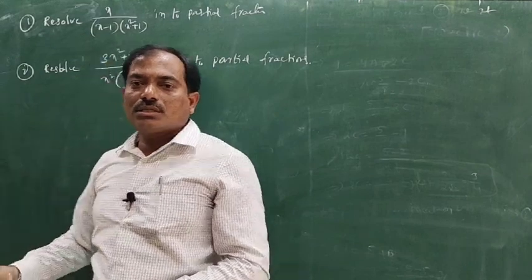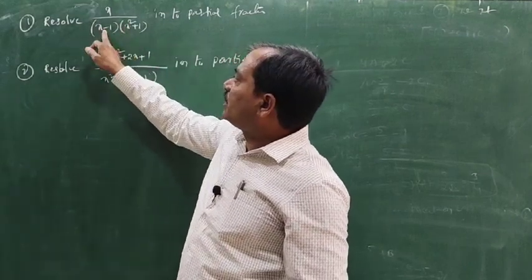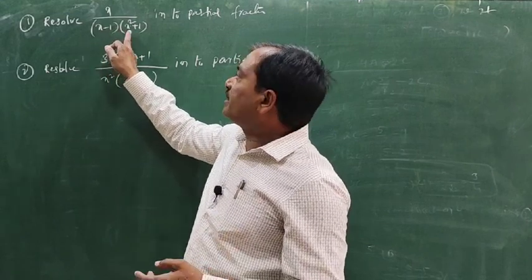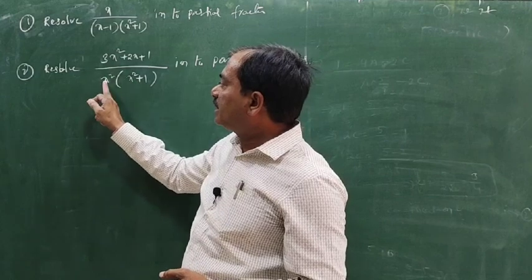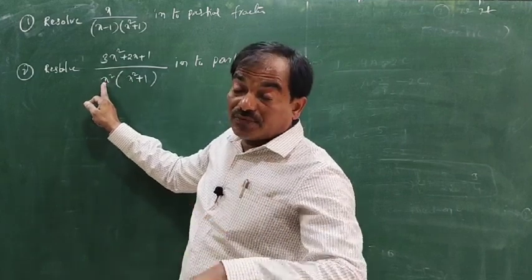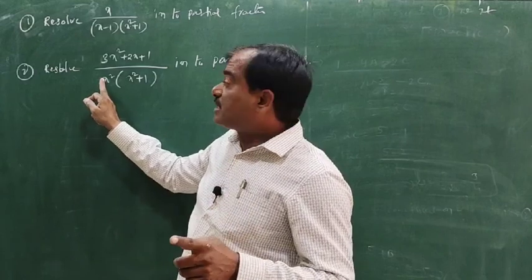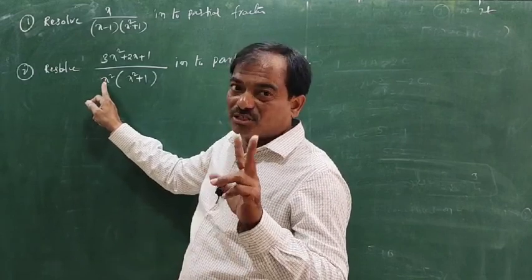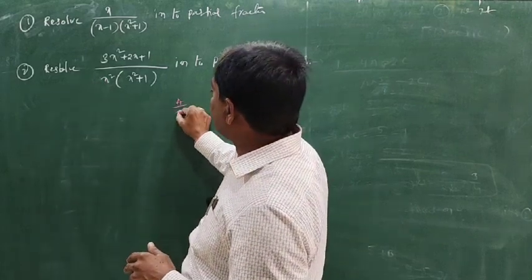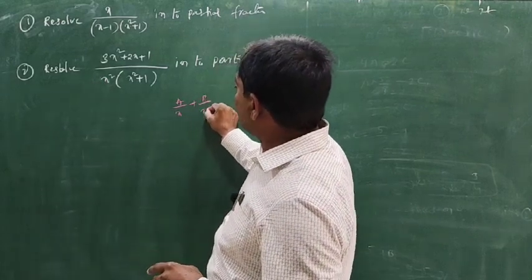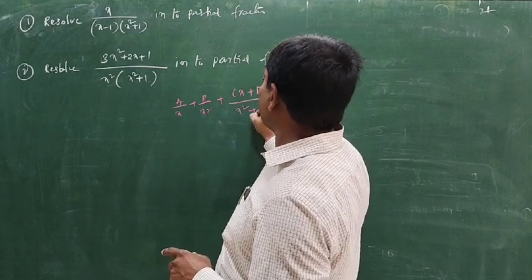Now students, these are the assignment problems. x by x minus 1, x square plus 1. Here x minus 1 is a non-trivial linear factor and this is an irreducible quadratic factor. Similarly, here g of x contains a repeated linear factor, x repeated twice, x into x, so we have to write a by x plus b by x square plus cx plus d by x square plus 1.